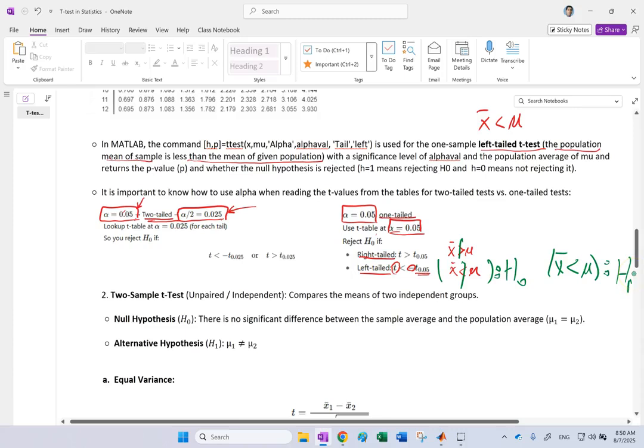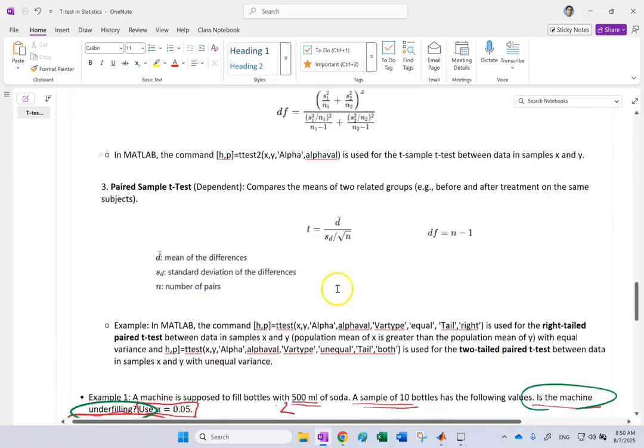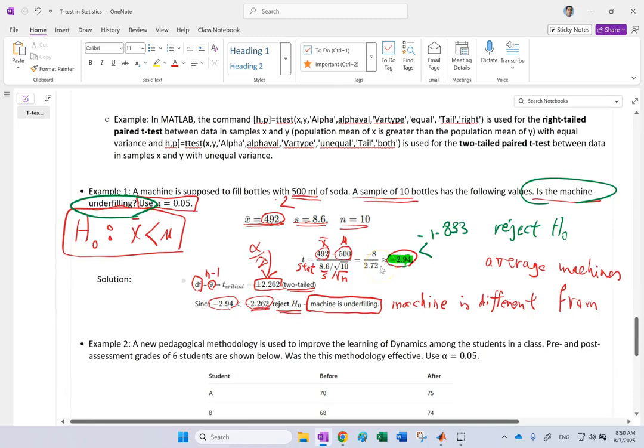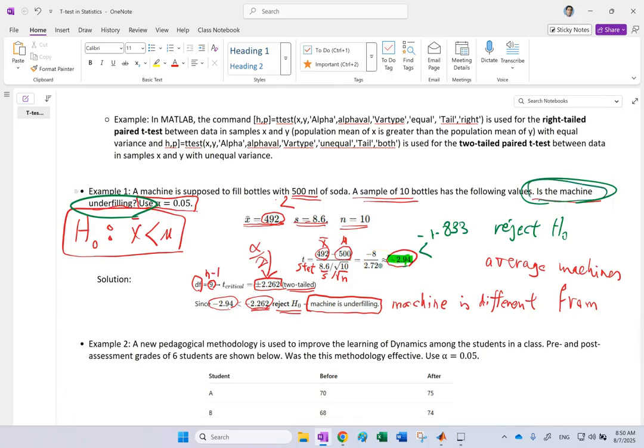So in this case, I have to reject H naught and kind of, though it's not correct to say, accept H1. So I have to say, yes, the machine is underfilling. H naught here means X bar is not less than mu; for the right tail it means X bar is not bigger than mu. And H1 is the exact opposite of that. So I reject H naught, accept H1, and say this machine is filling less than it should.